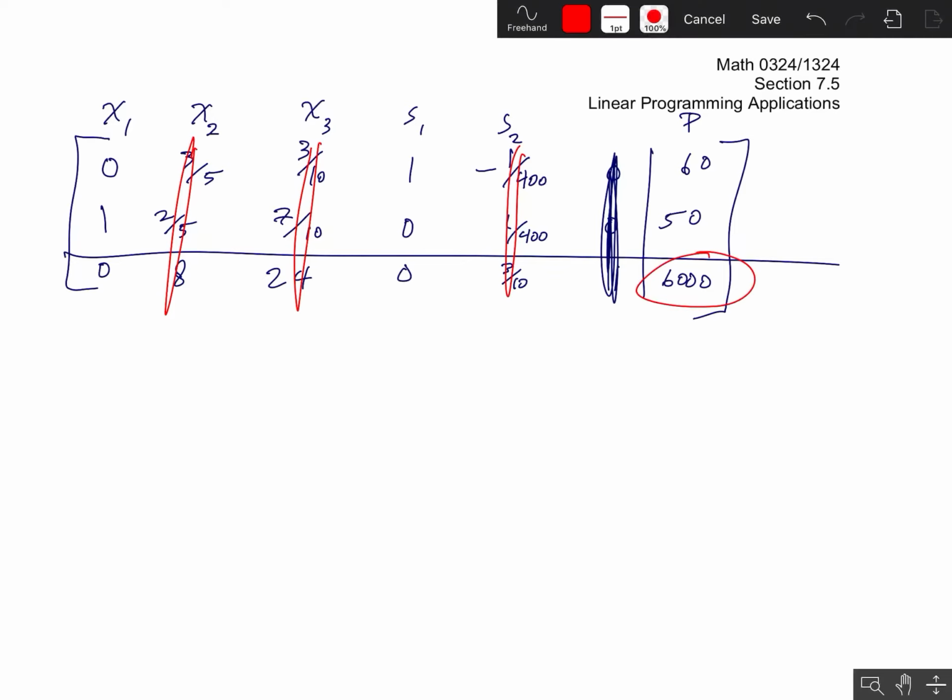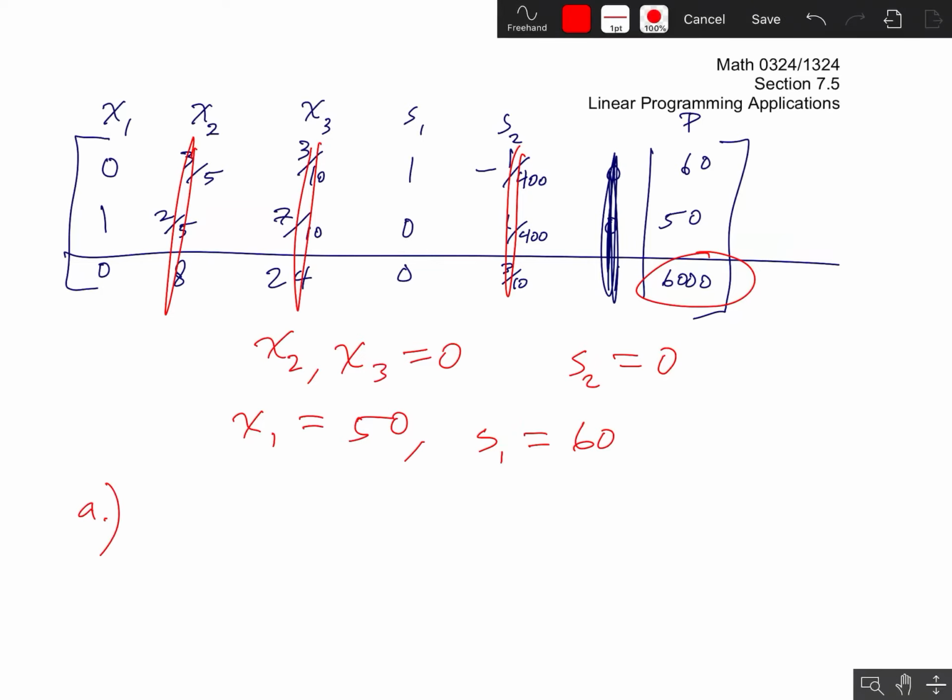We're just going to use it to read off our value of P. So what we get is that x2 and x3 are equal to 0. So is s2. And these others we'll need to read off by translating the corresponding rows into equations. So I would get an x1 value of 50 and an s1 value of 60.